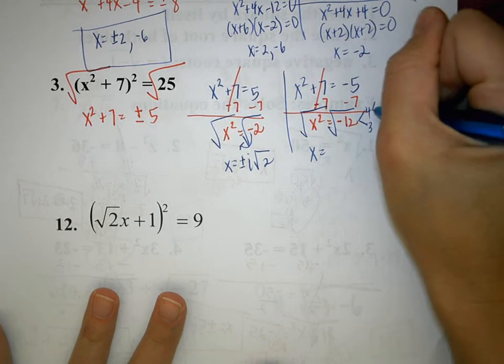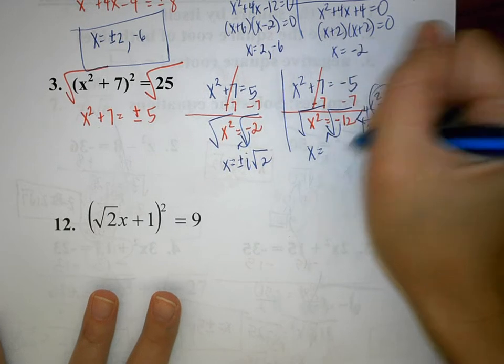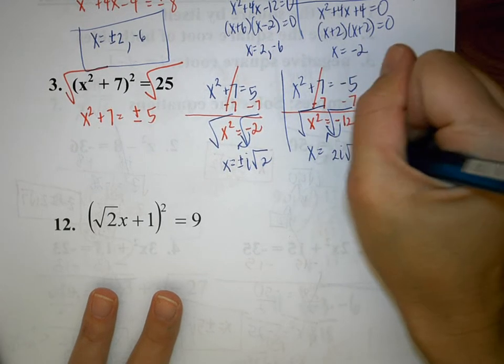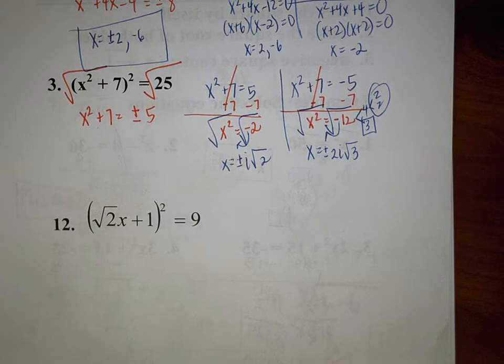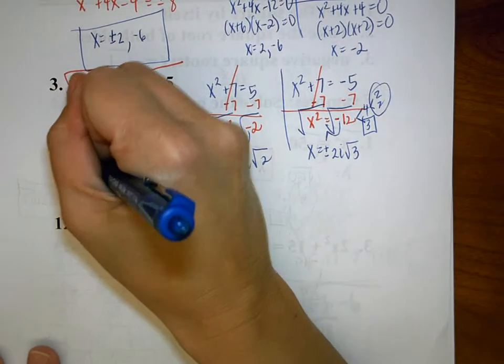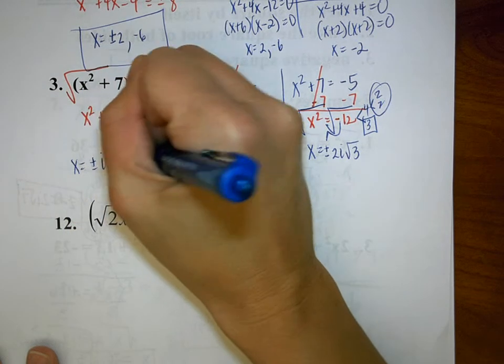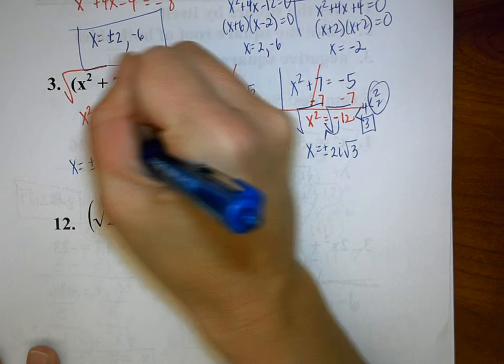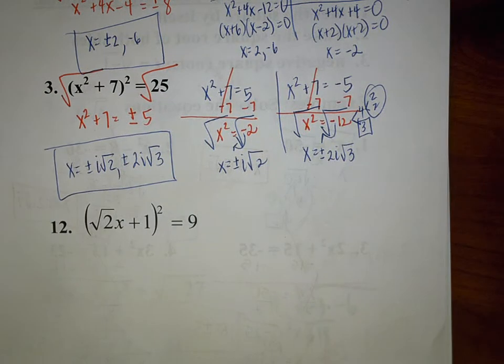Very good, that is correct. So a pair of 2's, 3 left over, we take that negative out, so we get 2i root 3, and anytime I take the square root, it is plus or minus. So my answer is x equals plus or minus i root 2 and plus or minus 2i root 3. So how many total answers are there? 4, right? There's 4.